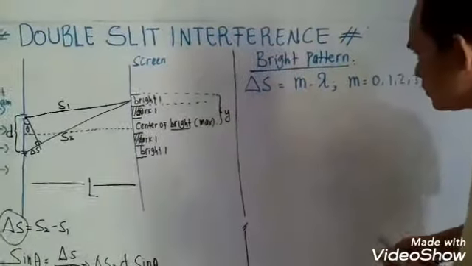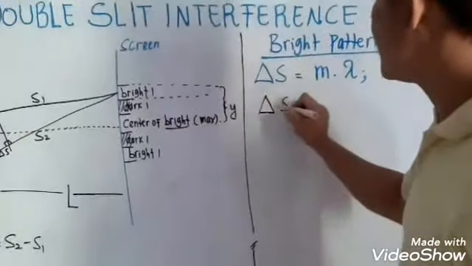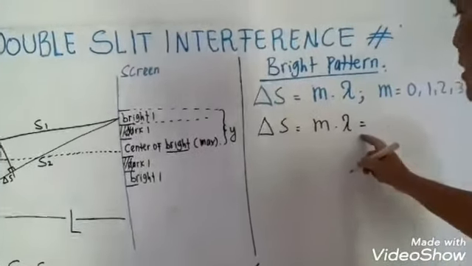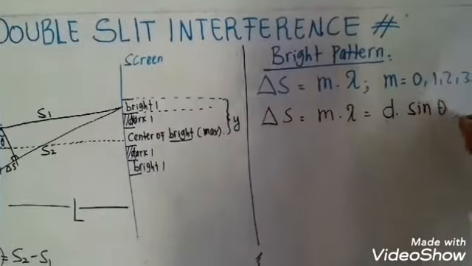Okay? So we can say that delta S is equal to m times lambda is equal to d sine theta.